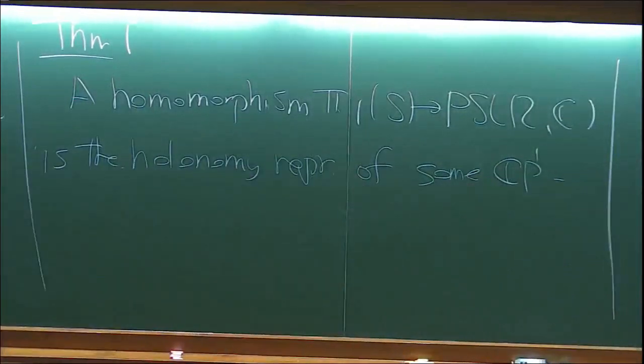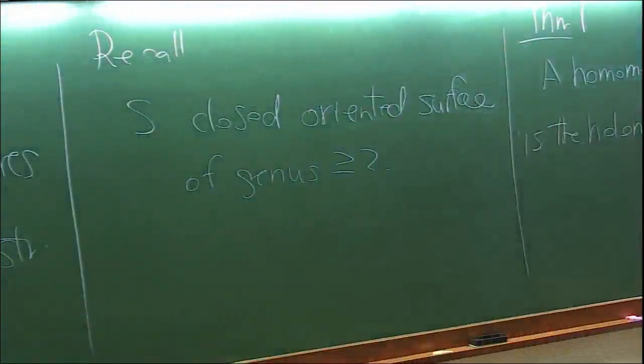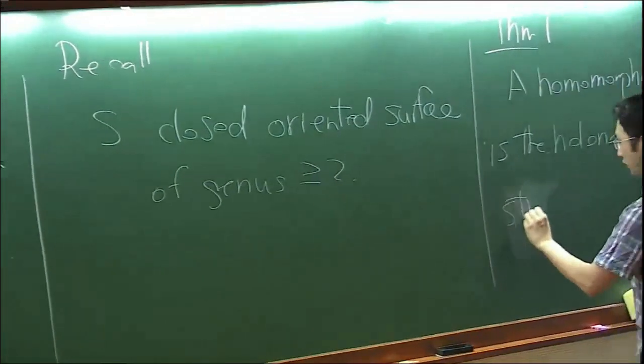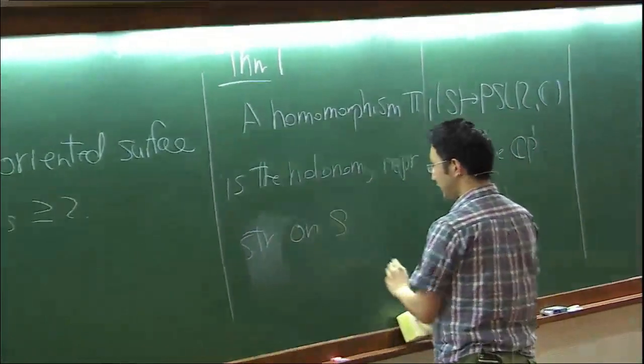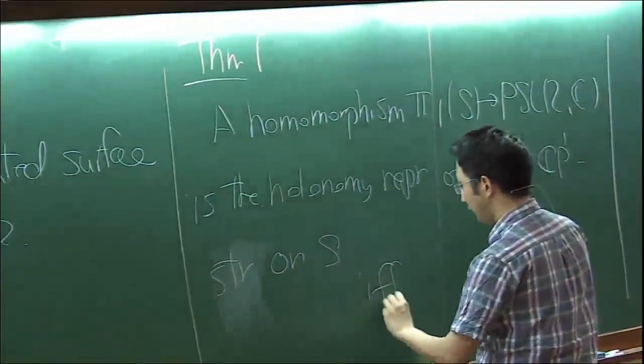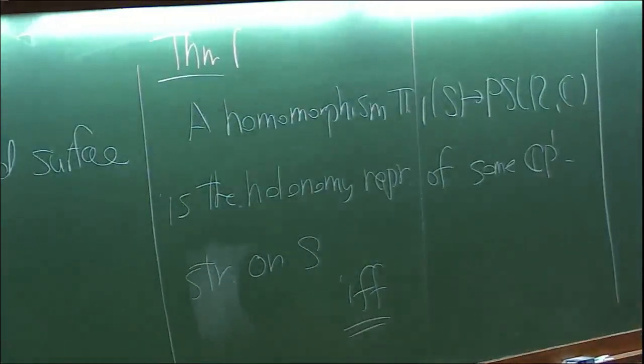They call it complex projective structure, but I write CP1 structure on S, if and only if the following two conditions hold.